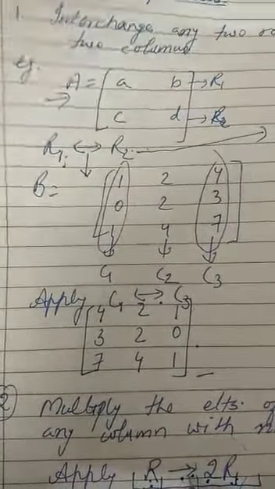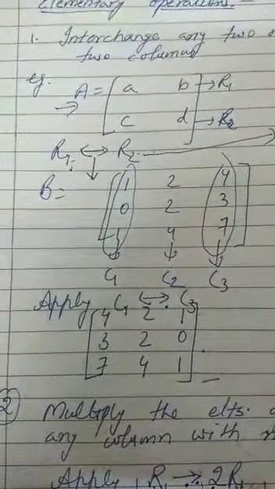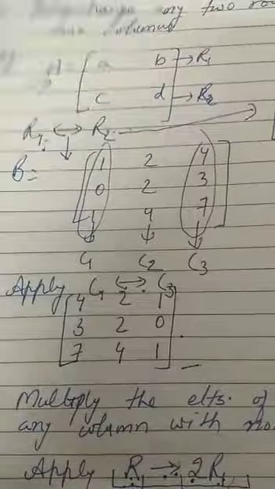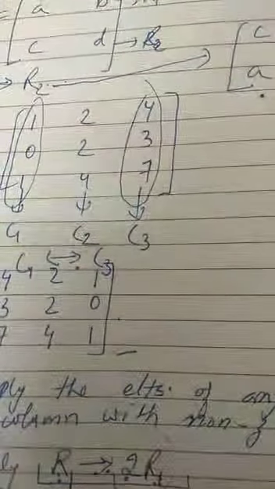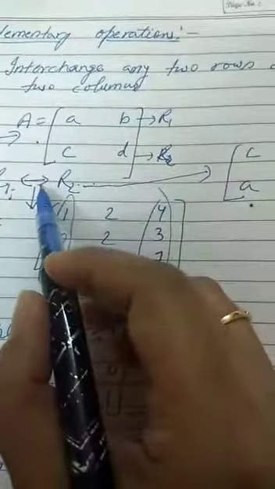Arrow is representing what is the operation or what is the new thing you are going to do. Equal to here has no meaning, right? So don't use equal to sign. Okay, since we are applying the operation R1 means twice of R1, so this is our A matrix. One operation we have already applied, interchange.